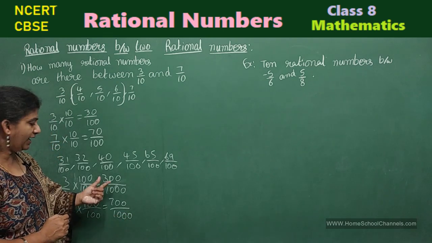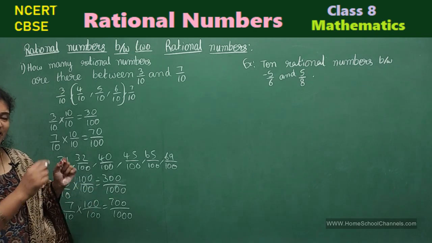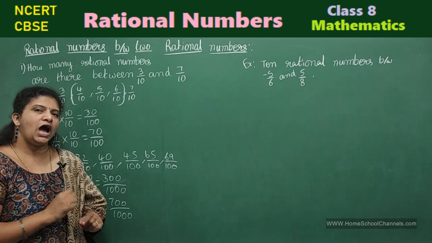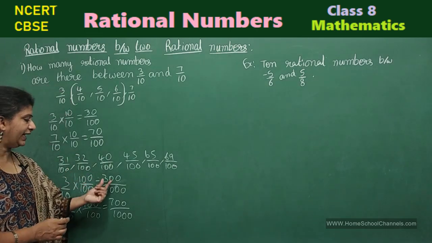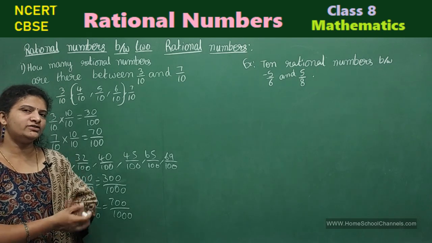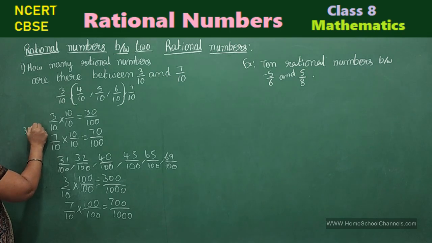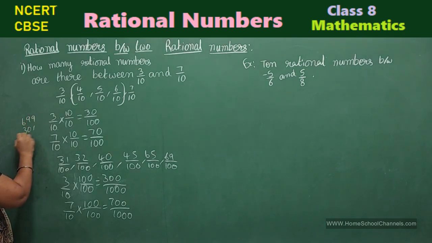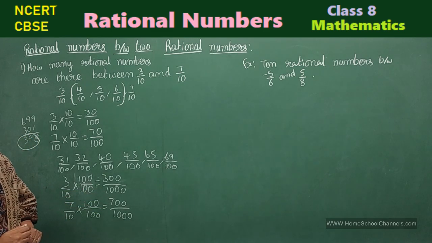Now tell me, between 300 by 1000 and 700 by 1000, how many rational numbers will there be? Observe here, 301 to 699. That means 398 rational numbers between these two.